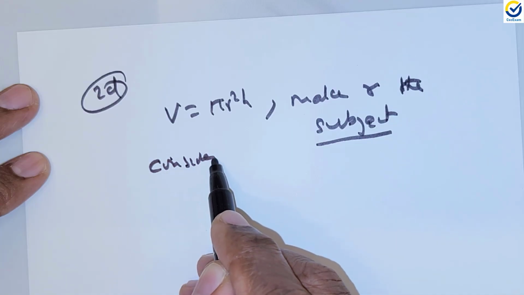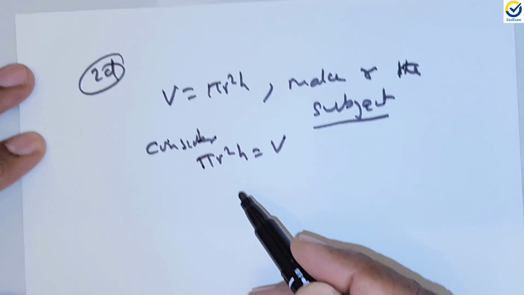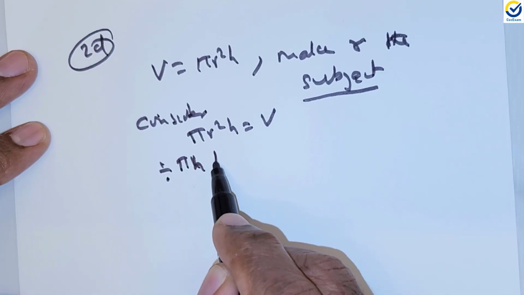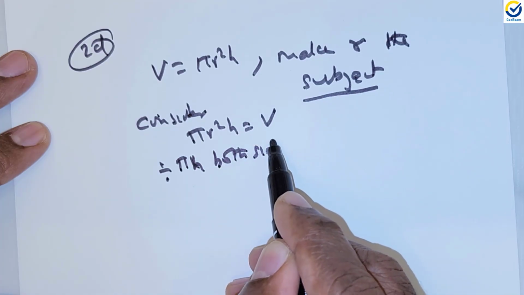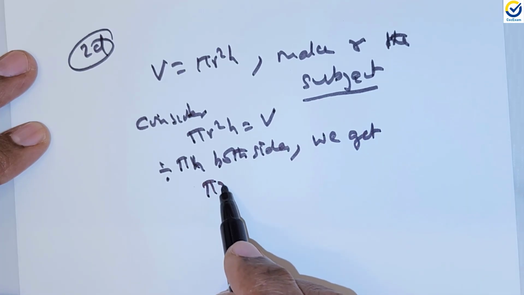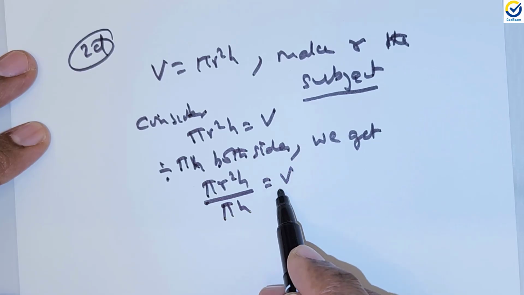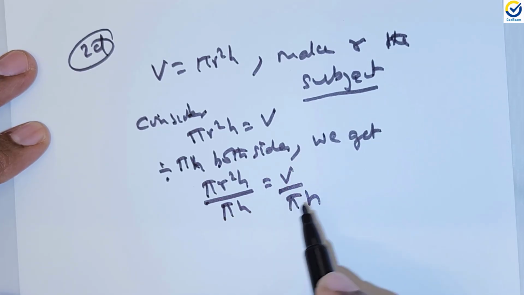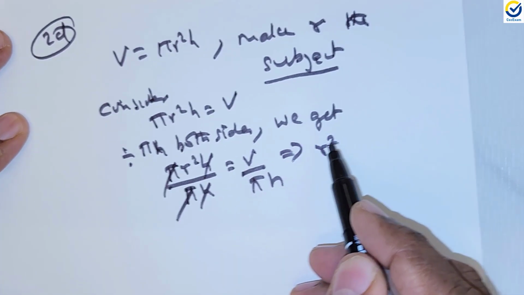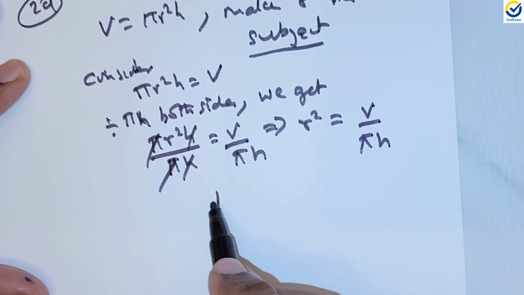Consider pi r squared h is equal to V. So we divide by pi and h both sides. Pi r squared h divided by pi times h is equal to V over pi times h. So pi gets cancelled, h gets cancelled, so we get r squared is equal to V over pi times h.